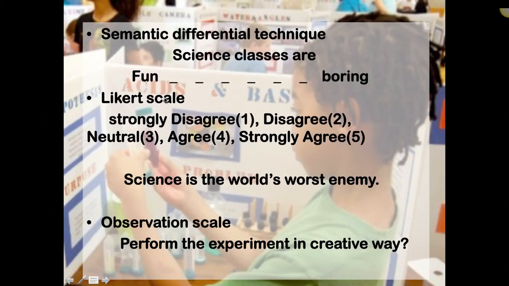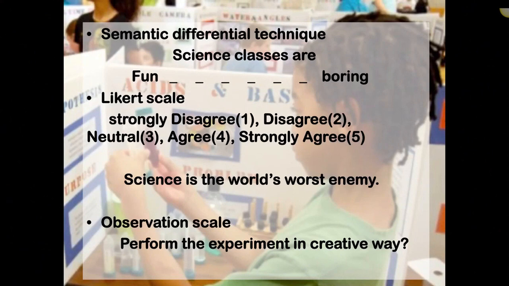Or you can use a Likert scale: strongly disagree, disagree, neutral, agree, strongly agree. Like, science is the worst enemy. Then students can give some scale like I agree, I strongly disagree, or something, right? So they can give some Likert scale for this attitude survey question.